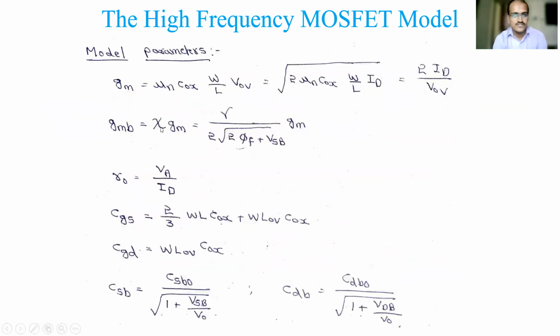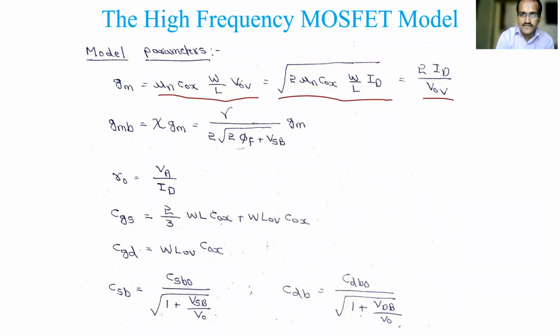So gm can be calculated using 3 different formulas. We know that in small signal operation, it is given as mu n Cox W by L VOV, which is also given as the square root of 2 mu n Cox W by L ID, in terms of ID, and it is also given as 2 ID by the overdrive voltage VOV.